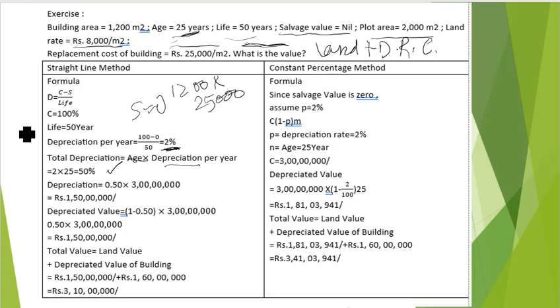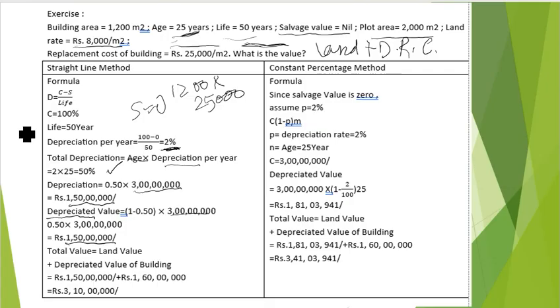So 1200 into 25,000 will be 3 crore. So depreciation is 1 crore 50 lakh, means 50% has depreciated. So the depreciated value will again be 50%, the balance value will be 50% of 3 crore, 1 crore 50 lakh. So this is the depreciated value of the building.